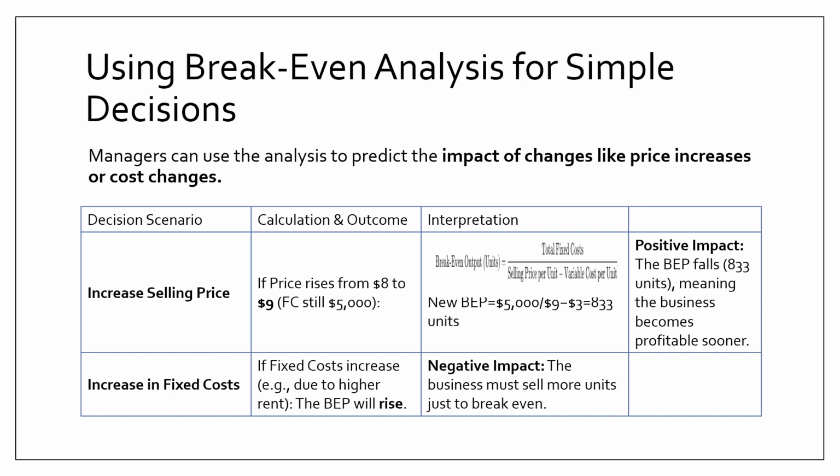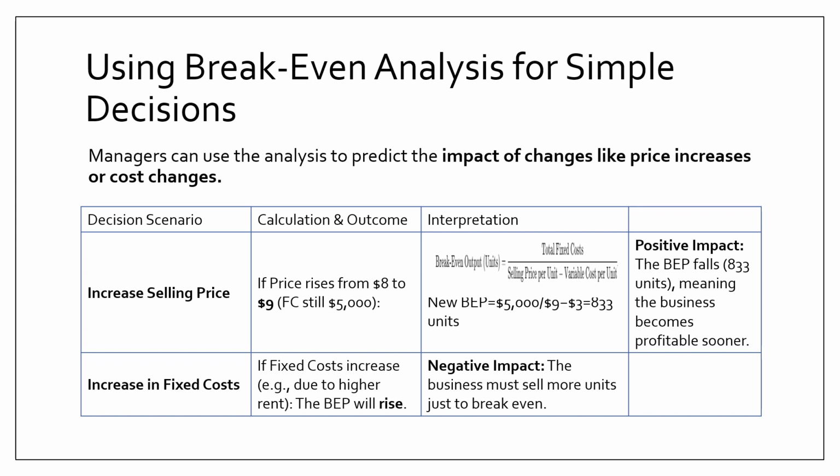Using break-even analysis for simple decisions. Managers can use the analysis to predict the impact of changes like price increases or cost changes. Decision scenario: increase selling price. Let's say if price rises from $8 to $9 with fixed cost still being at $5,000, you calculate the new break-even output as total fixed cost divided by the selling price per unit minus variable cost per unit.